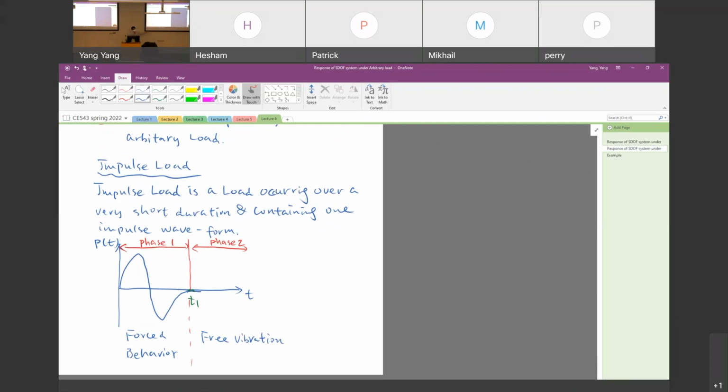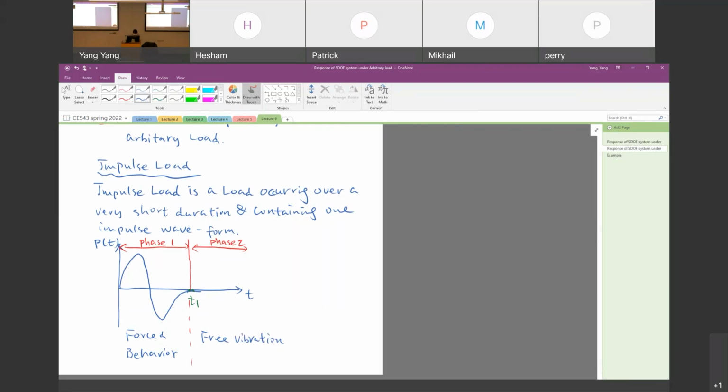So from 0 to T1, the response of the system is a function of the force, while after T1, the system will do free vibration.